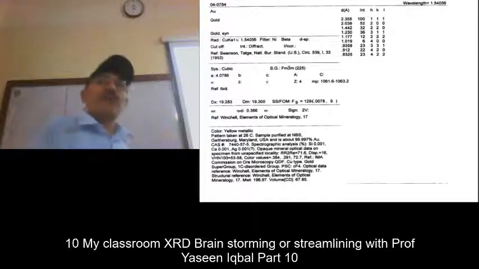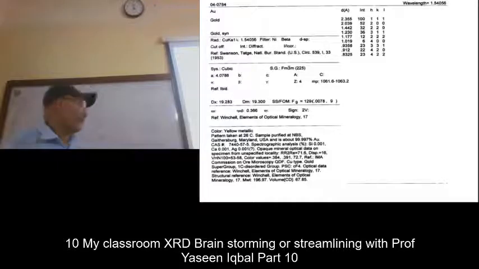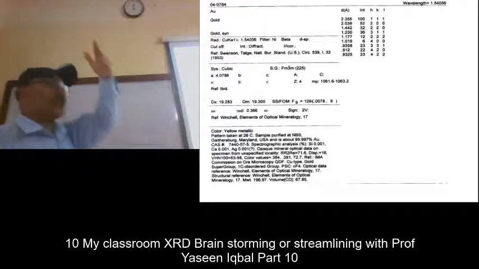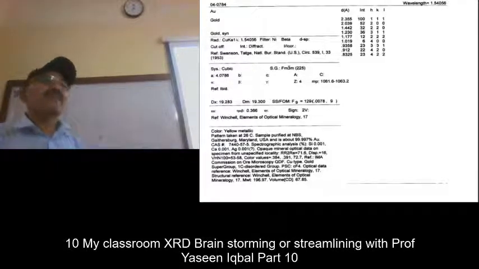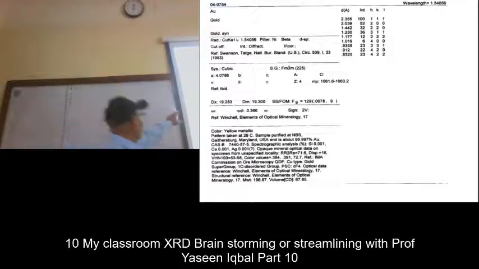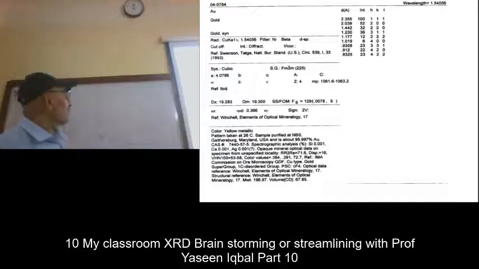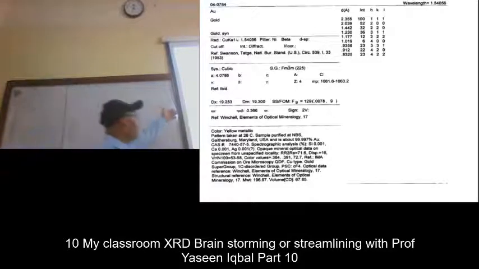When b, c are not there, this means it is cubic. Alpha, beta, gamma are not there. This means they are all 90. Then who did it? Reference, and the other is Winchell, right? And how the material was prepared.